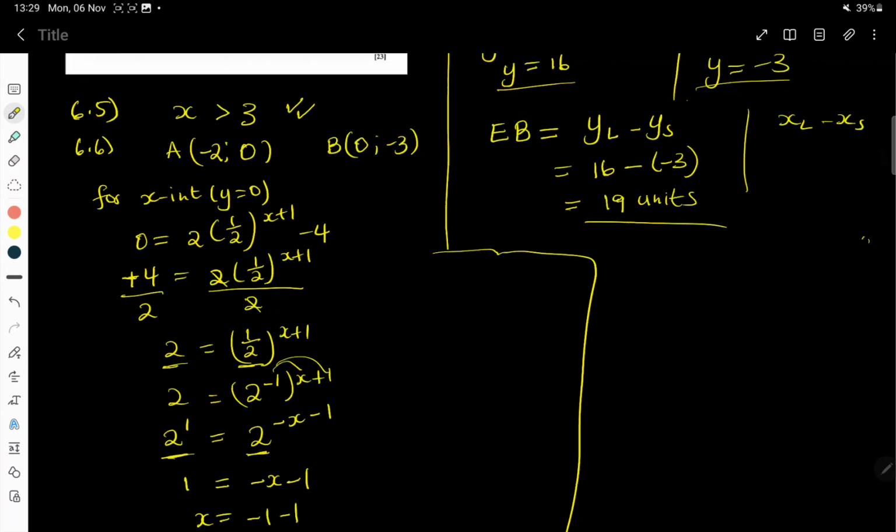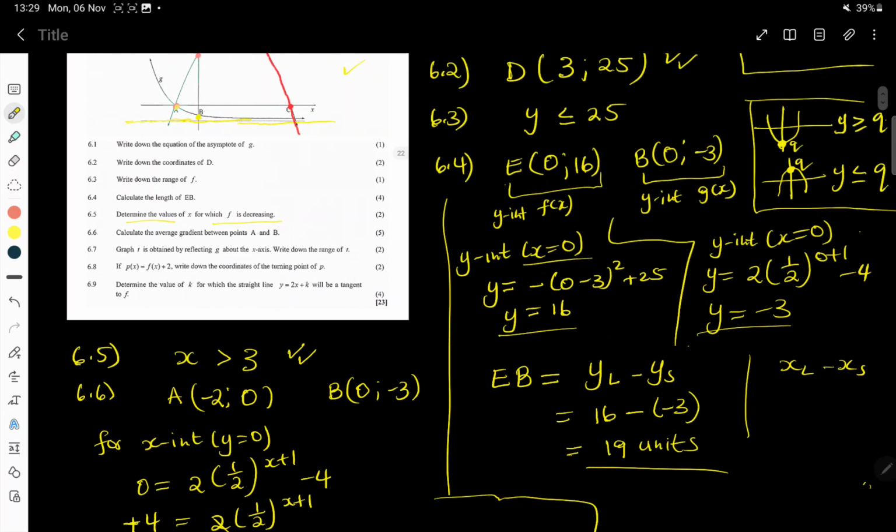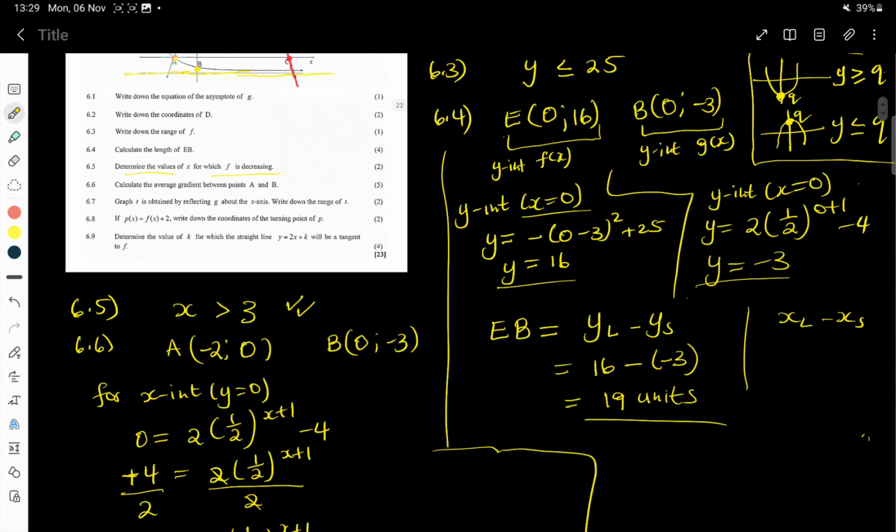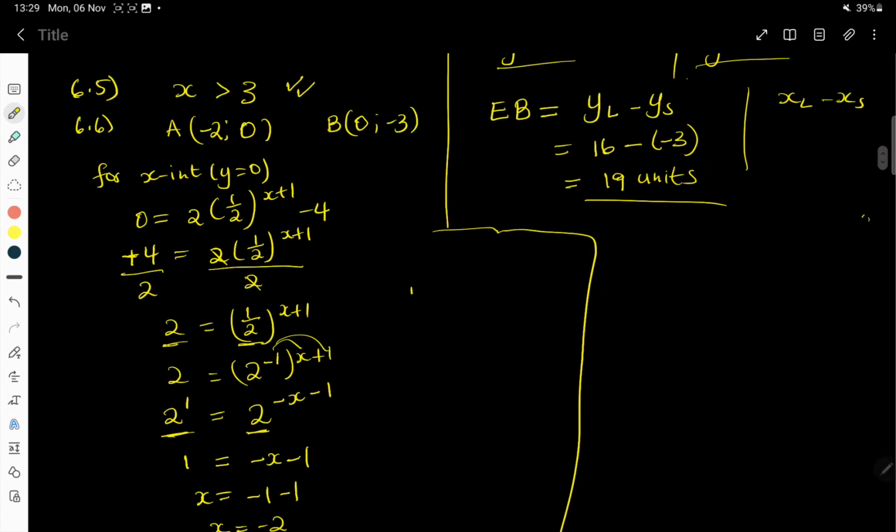Then we find the average gradient as the question says. So m equals y2 minus y1 over x2 minus x1. Then your y2, let's use this, negative 3 minus your y1 which is 0, over 0 minus negative 2.